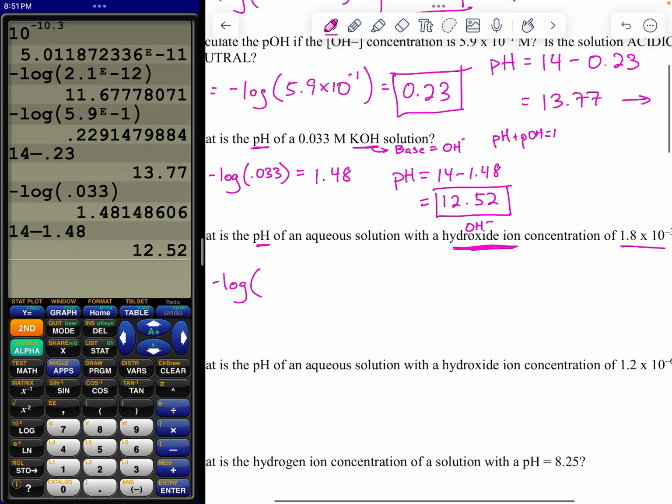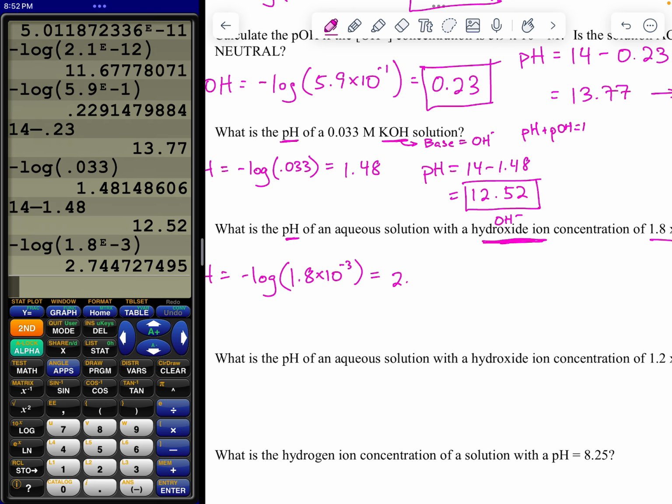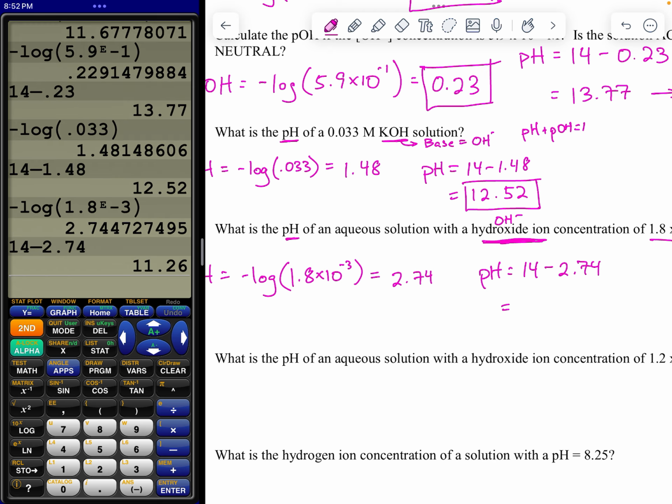Negative log of 1.8 times 10 to the negative third, and that's going to give us a pOH value of 2.74. And then for the pH, again, pH is going to be 14 minus that value. So we end up with a pH value of 14 minus 2.74. And that gives us 11.26 as our pH value.